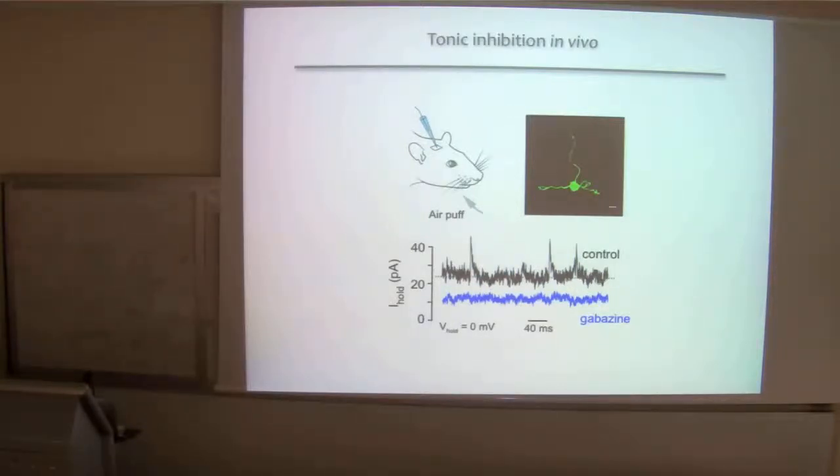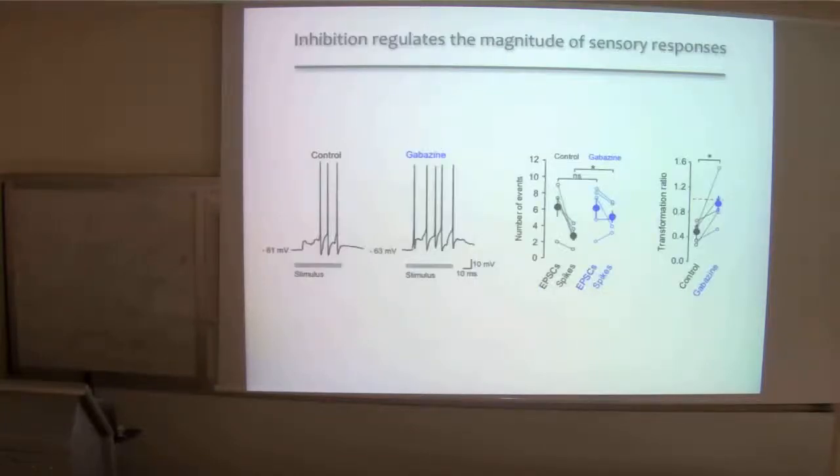So we know that tonic inhibition is actually there, but if we block this tonic inhibition, what does it mean in terms of sensory evoked spike output in the granule cell? So we've switched to current clamp here, so we're just monitoring the trajectory of voltage in the cell, and here's in control.